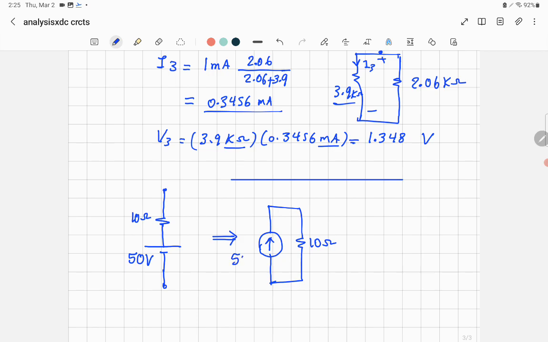You divide the value of the voltage by the resistance, you get 5 amp. So 50 volt connected in series with 10 ohm can be converted into a current source equal to 5 amp connected in parallel to 10 ohm. That sometimes helps in solving problems.